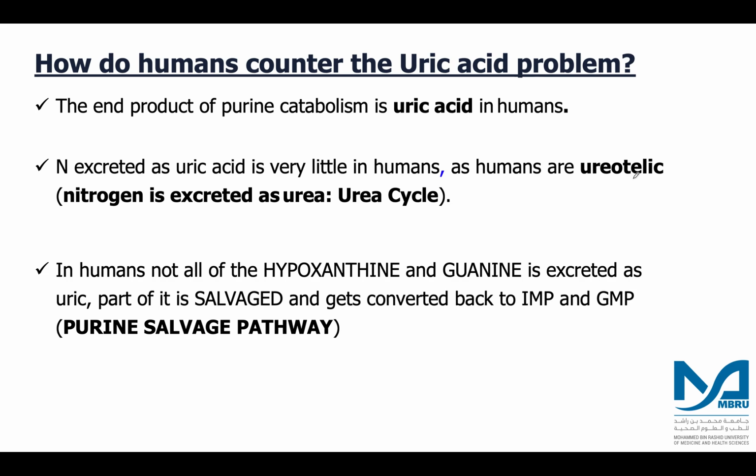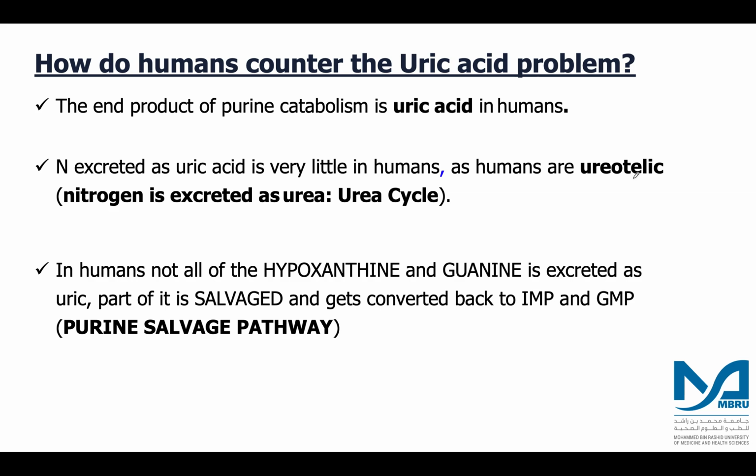That means part of these metabolites are converted to inosine monophosphate and guanosine monophosphate, IMP and GMP, through a separate pathway known as the purine salvage pathway. So human beings are able to salvage part of the metabolites which are intermediates in the formation of uric acid. As a result, the levels of uric acid in humans are pretty low.